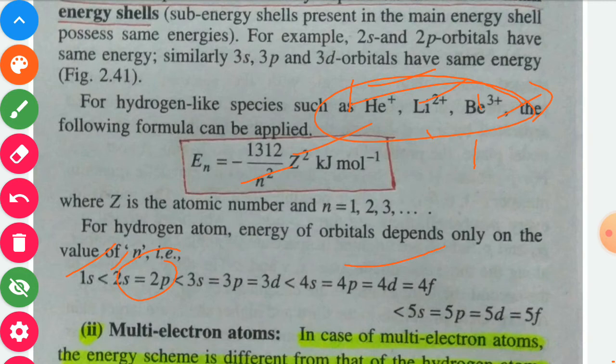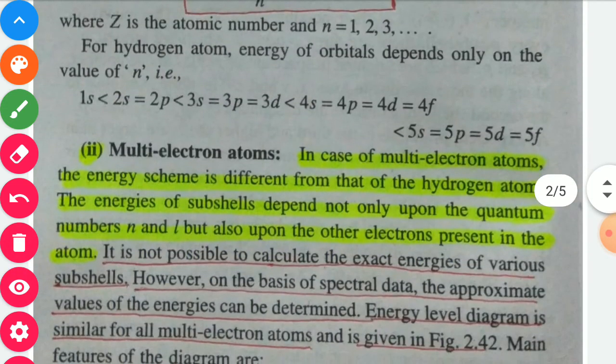So now note the system, meaning an element or ion containing more than one electron, that is, multi-electron atoms. In the case of multi-electron atoms, the energy scheme is different from that of the hydrogen atom. This you already know. The energy of a subshell depends not only upon the quantum numbers n and l.